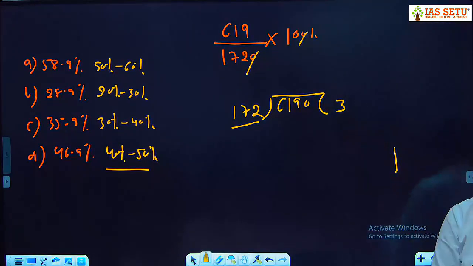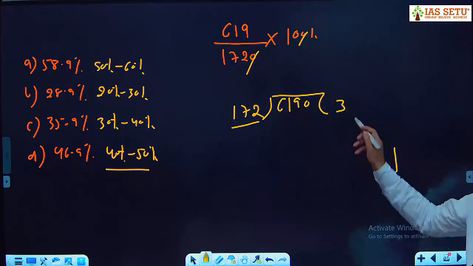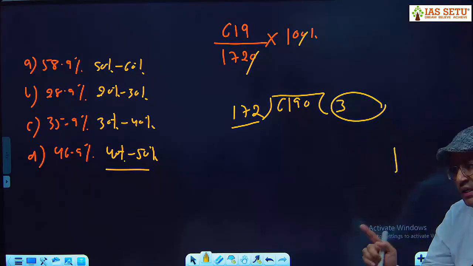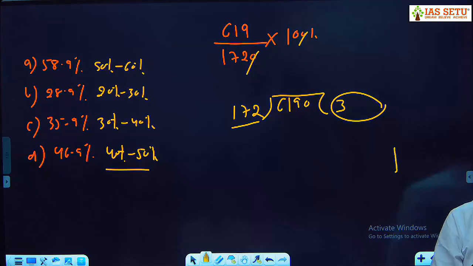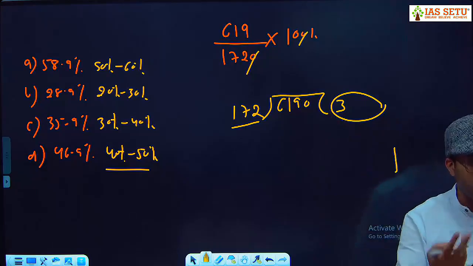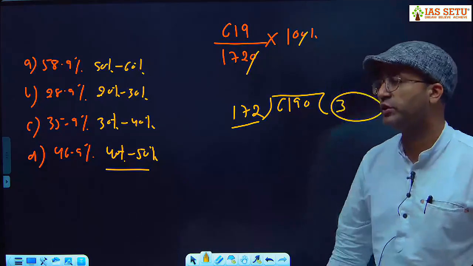I stop here. जैसे ही आपको 3 आया, मैं रुक गया. Why? 3 represents here my answer will be more than 30%, less than 40%. यहाँ 3 आते ही I get a hint कि my overall percentage is more than 30%, less than 40%.